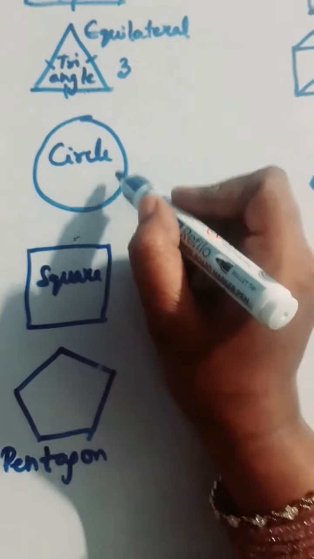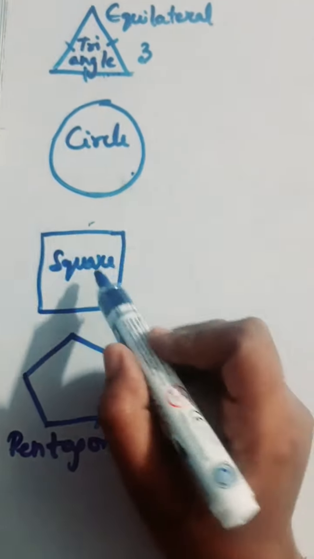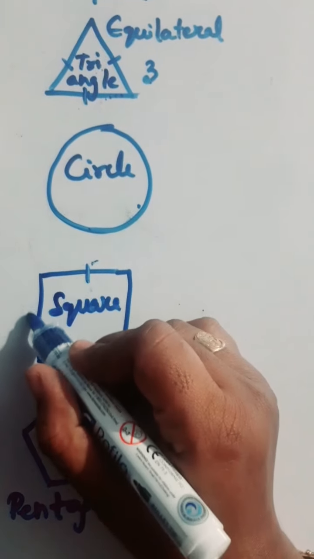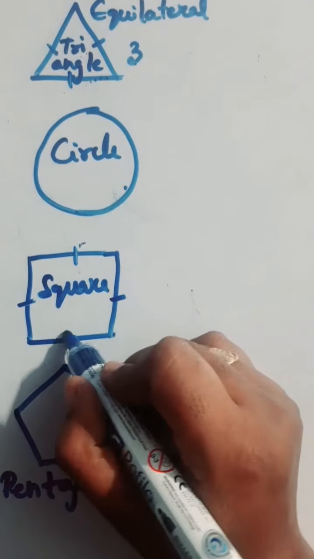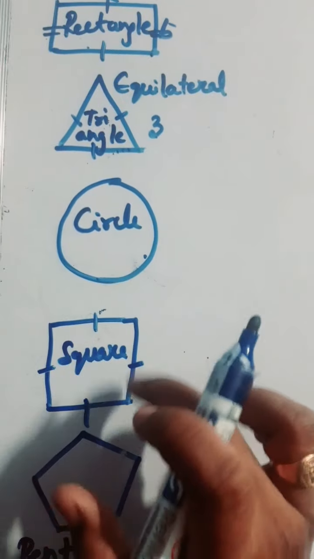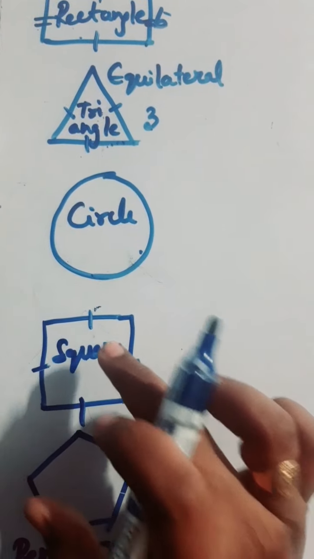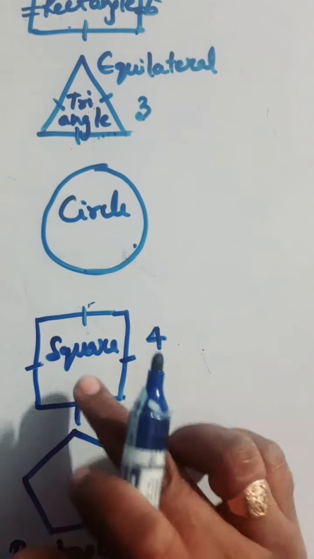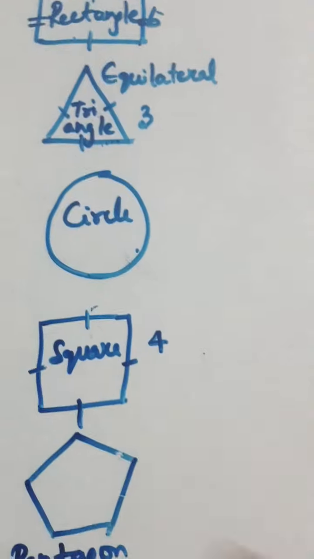Then we have the circle. The next one is the square. This is a regular polygon, children. How many sides? We have 4 equal sides, so it is called a square.